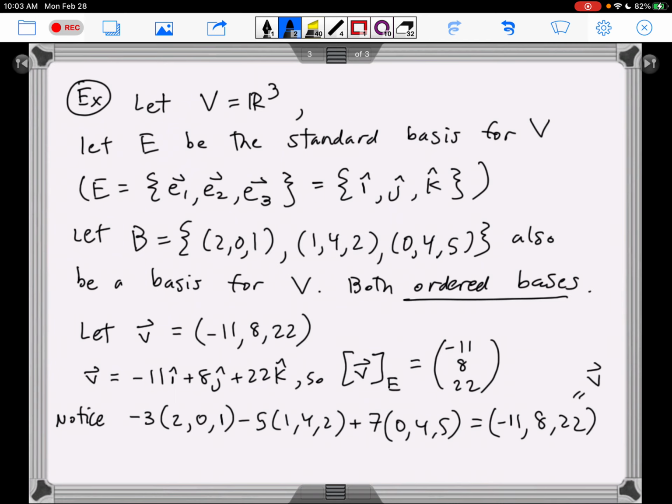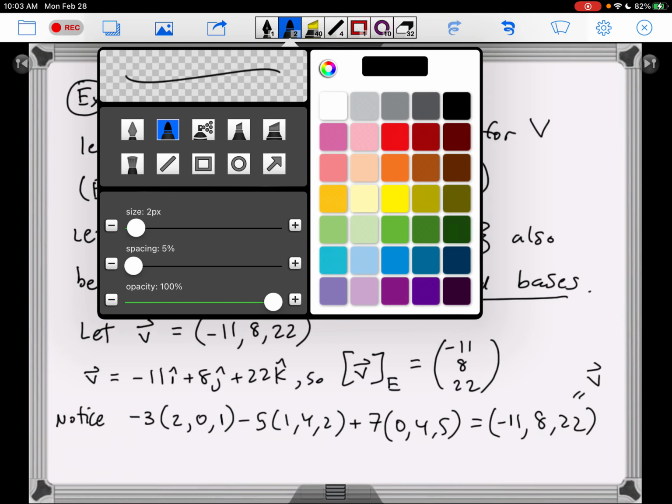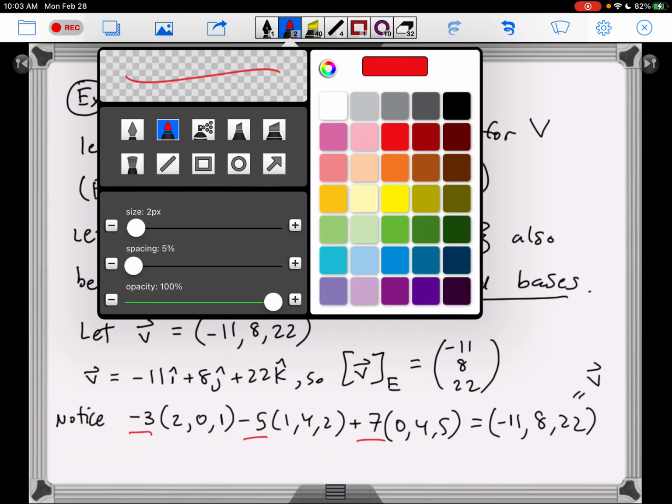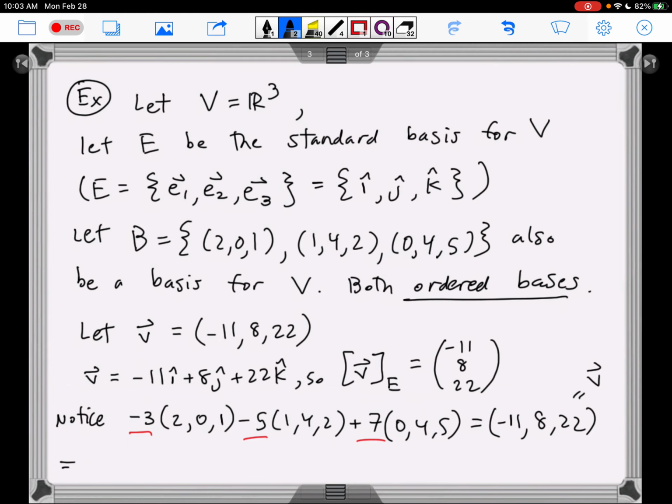Okay. In other words, we took v and wrote it as a linear combination uniquely of those basis elements, and these are the constants. So this means that v relative to basis B is going to be (-3, -5, 7). Okay?